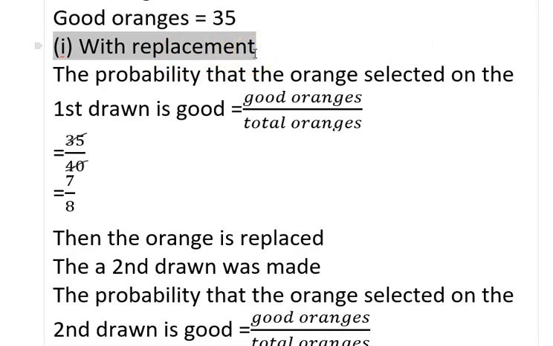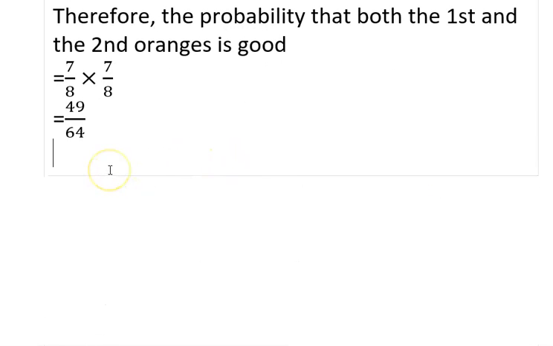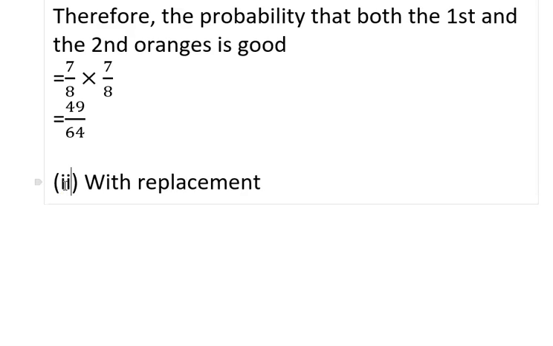Now without replacement, when the first one will be drawn, it will not be replaced before the second one will be drawn. So now this is without replacement. That one, when the first one was drawn, it was replaced.